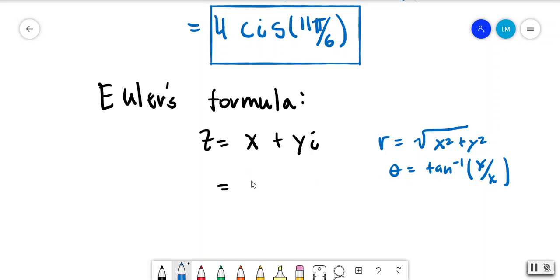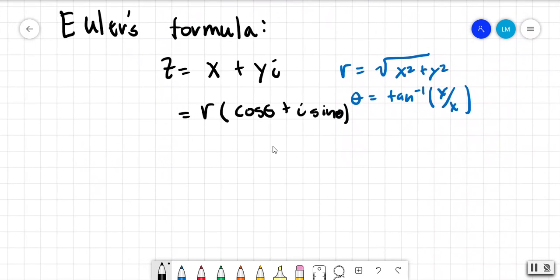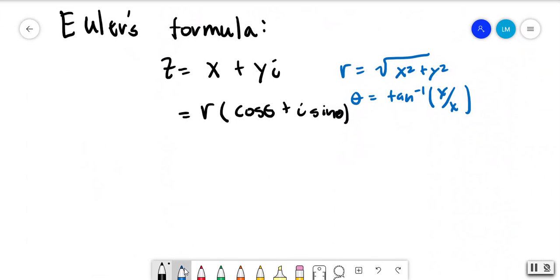Now this is going to give you r times cosine of theta plus i sine theta. Euler's formula says that the part in the parentheses is e to the theta i, which is equal to cosine theta plus i sine theta.